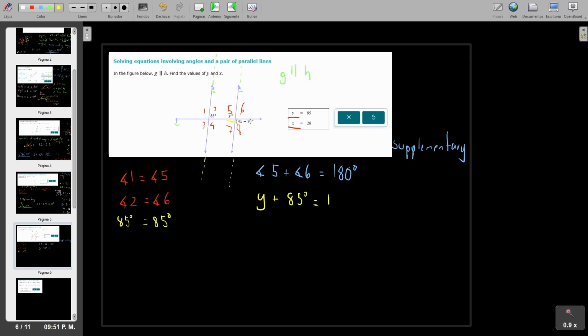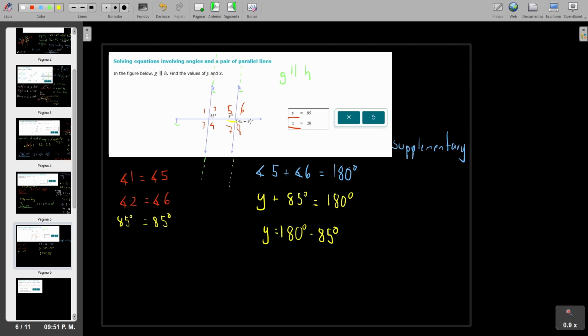We put the equation 180. Remember, we put the values with letters to one side and the other ones to the other. It's going to be y equal to 180 degrees minus 85. That is going to be, no, this was 85, right?